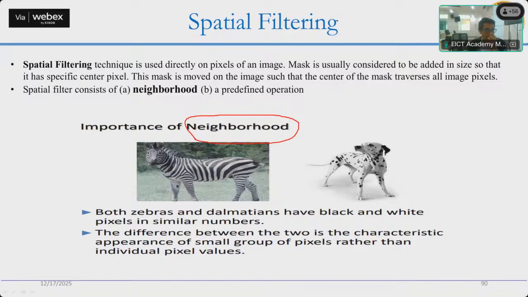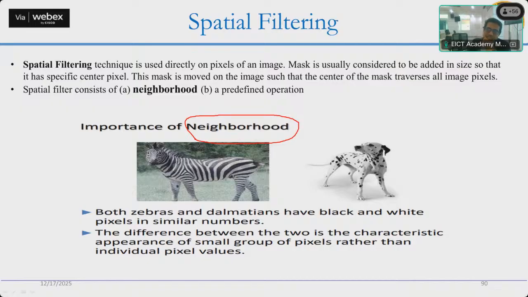So that's why another technique became popular. That is basically spatial filtering. As we have already discussed, it aims to take care of the neighborhood. So our main emphasis in this technique is how it takes care of the neighborhood.